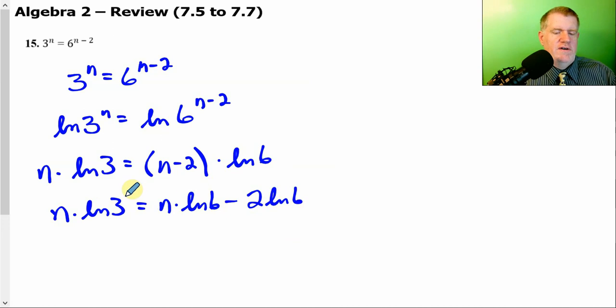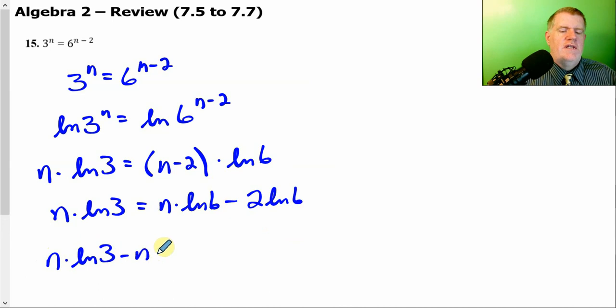So I have n here and here, so I got to pull those together. N natural log of 3 minus n natural log of 6 equals negative 2 natural log of 6.